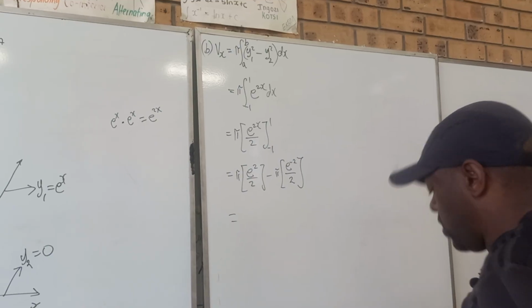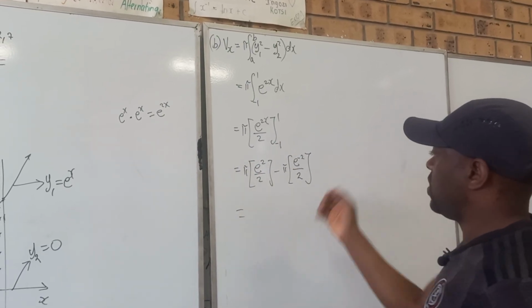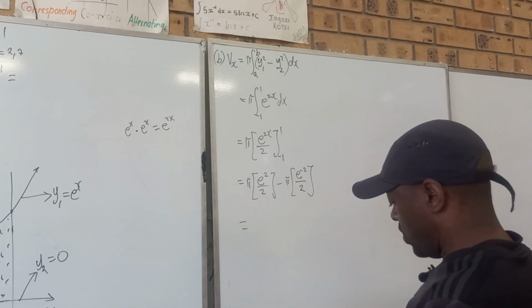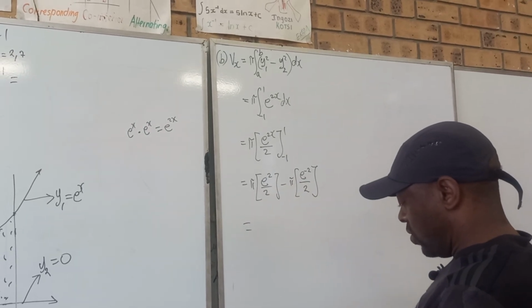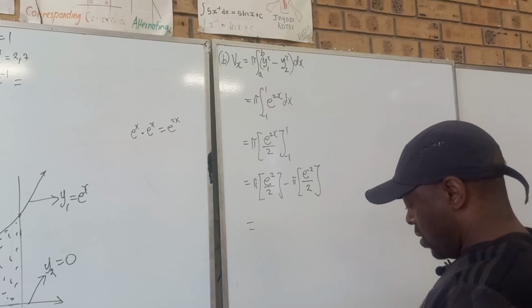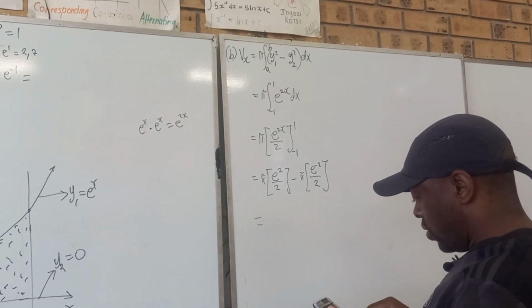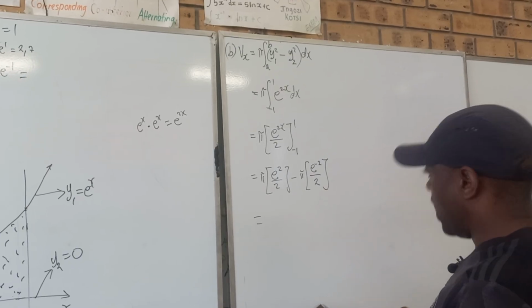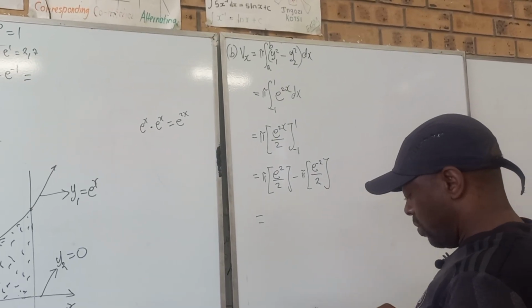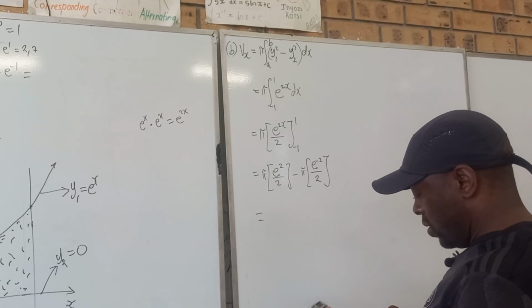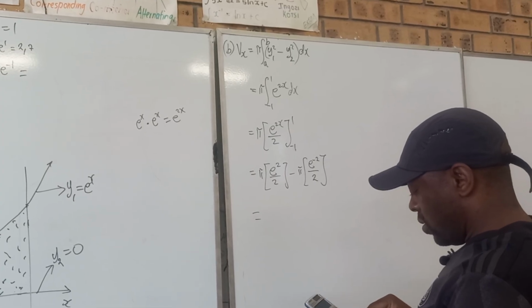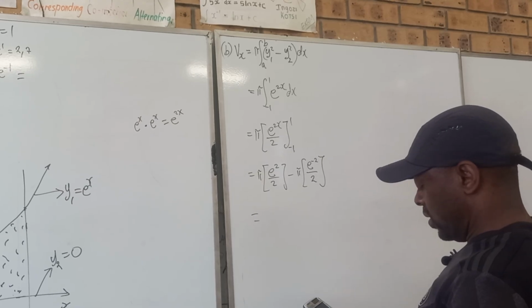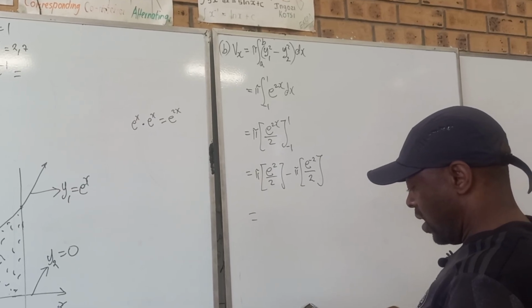In the calculator, pi is common, so I will simply take e to the power 2 over 2, then minus e again to the power -2 over 2. That's what I'll put in my calculator. Whatever answer I get, I multiply it by pi.